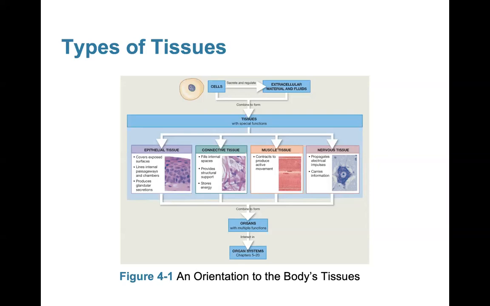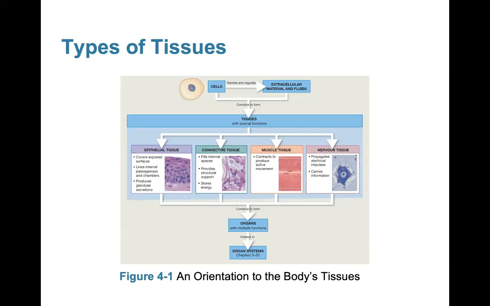This typically will cover exposed surfaces. It lines internal passageways as well as any chambers. And it can also produce glandular secretions. Most glands in your body are actually formed from epithelial tissue.